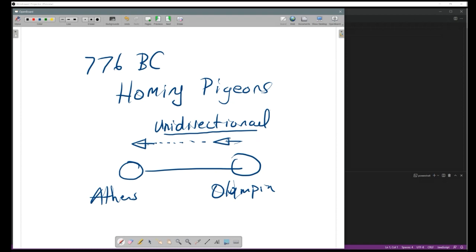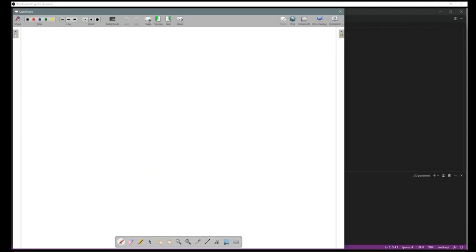So we still do have these unidirectional protocols even nowadays. But we'll look at some of the other ancient protocols and see that they also have some interesting properties that they share with modern day protocols.